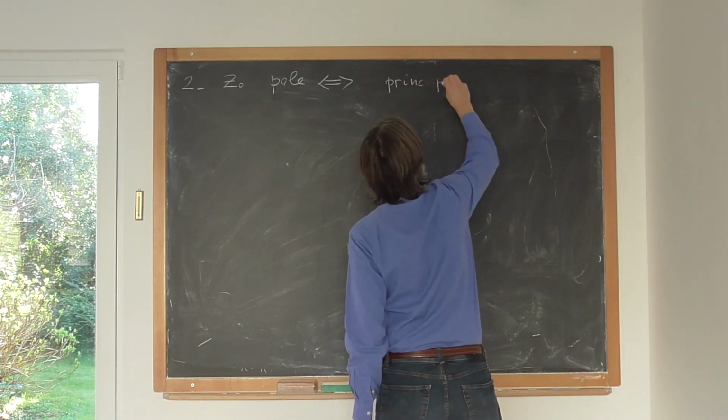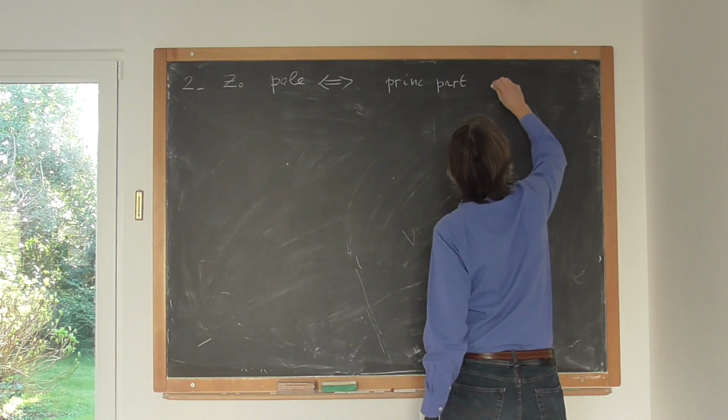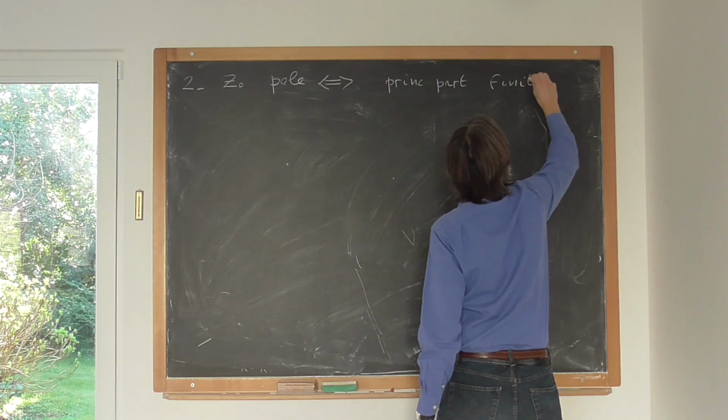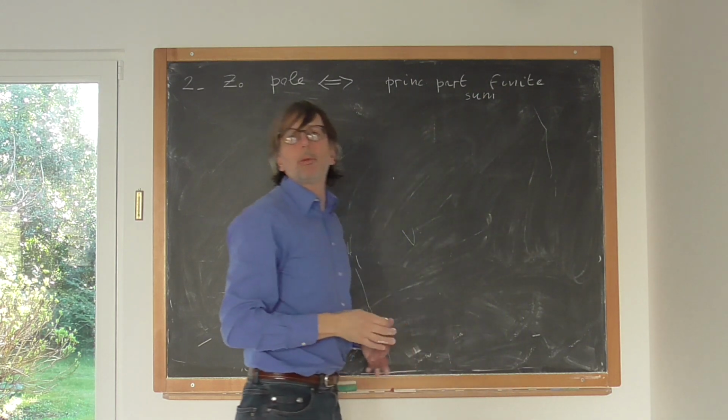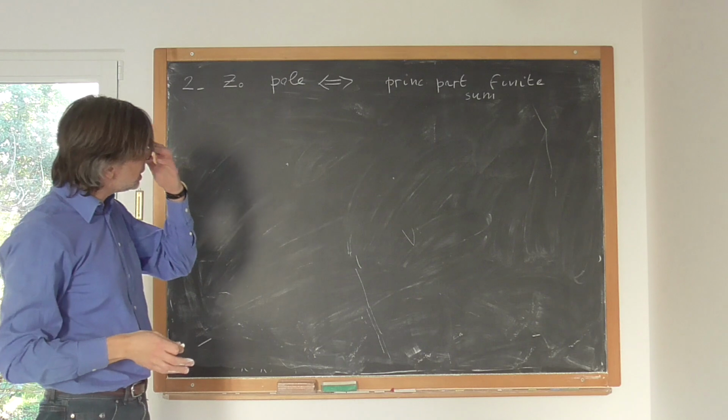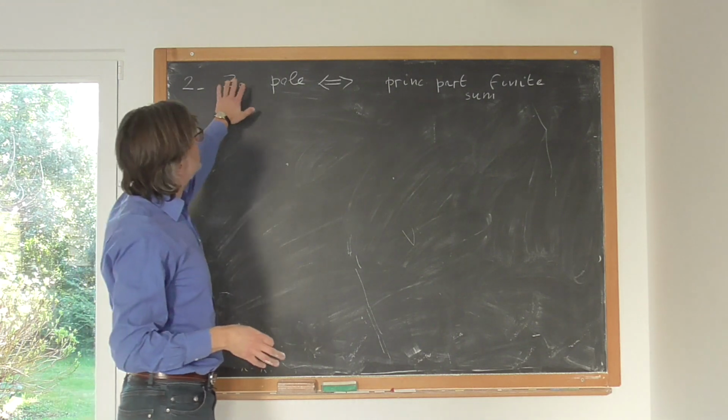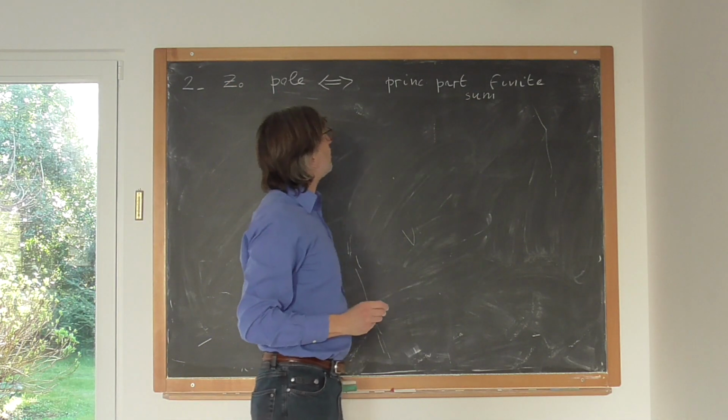The principal part is a finite sum. So in general, the principal part is a series, it's an infinite sum. But z naught is a pole if and only if the principal part is finite.